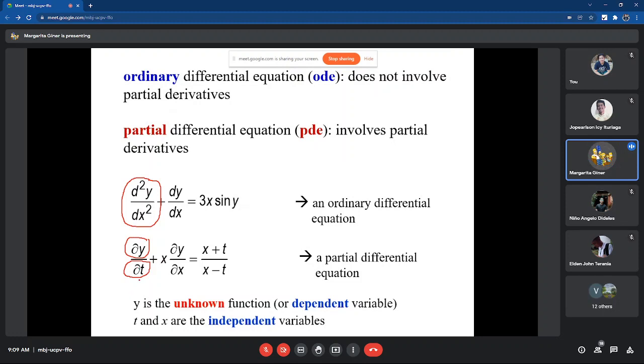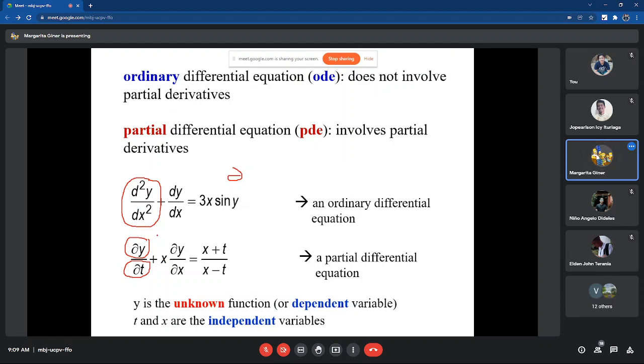Take note, it is different. So, that is the symbol for partial derivative. You can tell whether it is an ODE or a partial differential equation because of the symbol.